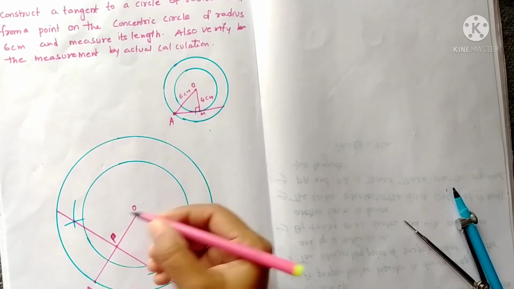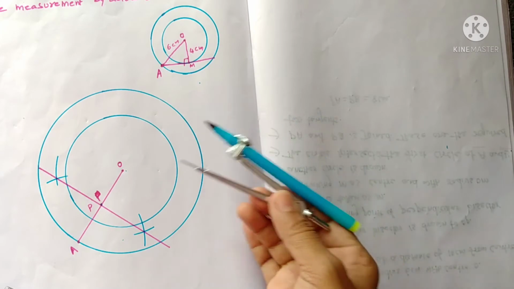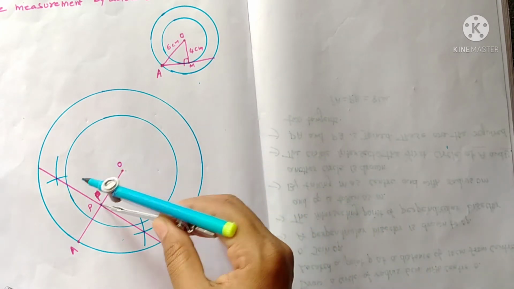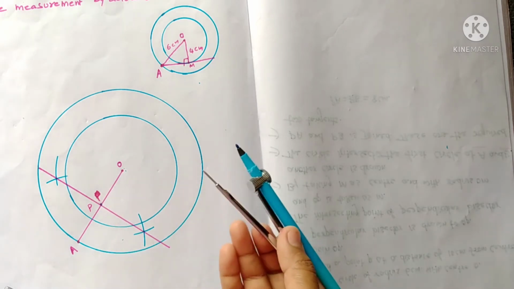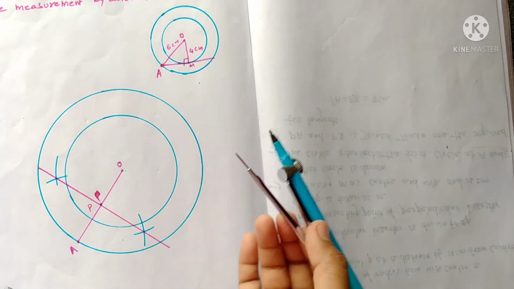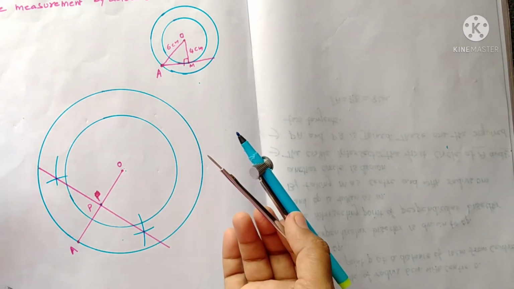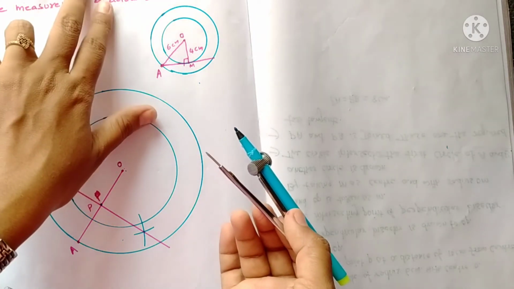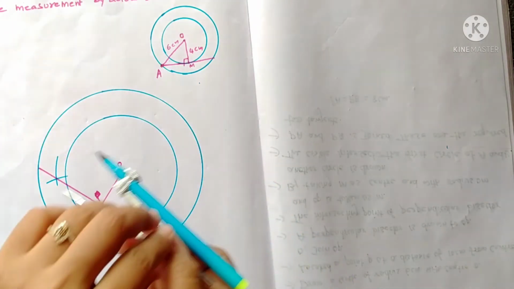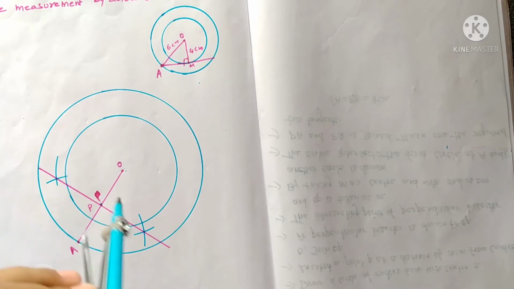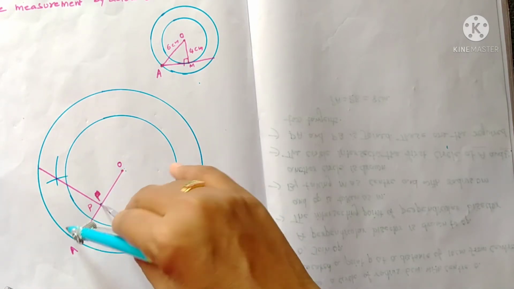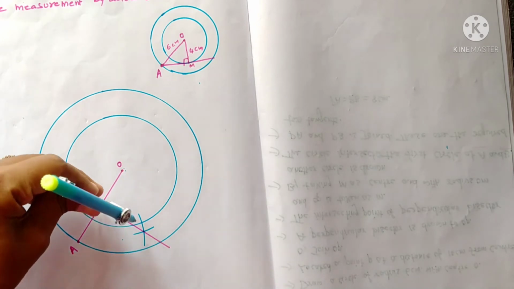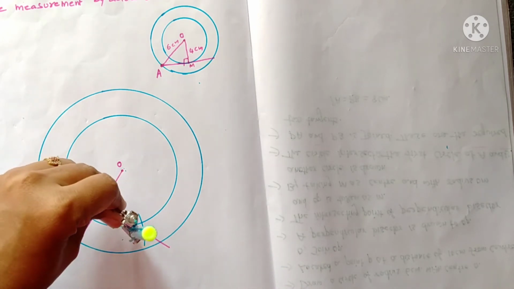Now with P as center and OA or OP as radius, we want to draw the circle. If they ask to draw two tangents, we would draw both, but here only one tangent they are asking. So just take P as center and AP as radius and draw an arc onto this first circle.